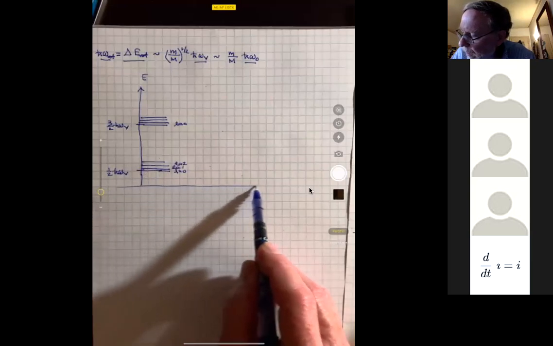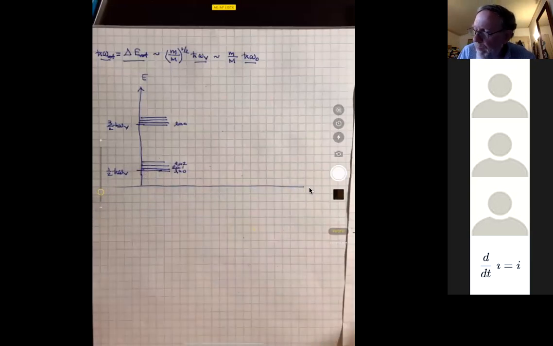Now, one further comment about all this is that molecules are in the news these days because of the greenhouse effect. It is especially carbon dioxide, as you know, but also water and methane to a certain extent.